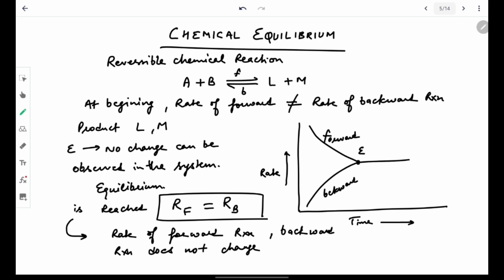So, they are not necessarily equal, but they are not changing with respect to time. After this point E, which we call equilibrium, there is no observable change in the system. That means we cannot observe any change. So, this state is called the state of equilibrium.